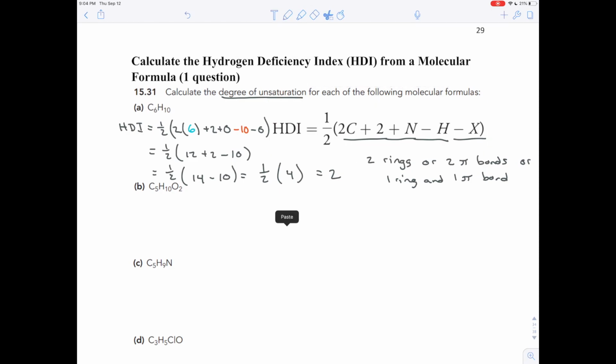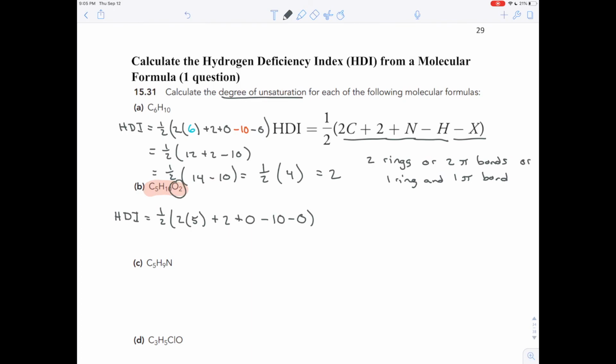Okay, so we're going to use that equation again. And actually, we'll plug it in. So here, the hydrogen deficiency index will equal 1/2 times 2 times the number of carbons, so that's 5, plus 2, plus the number of nitrogens, which is 0 in this molecule, minus the number of hydrogens, which is 10, and minus the number of halogens, fluorine, chlorine, bromine, or iodine, which is 0.